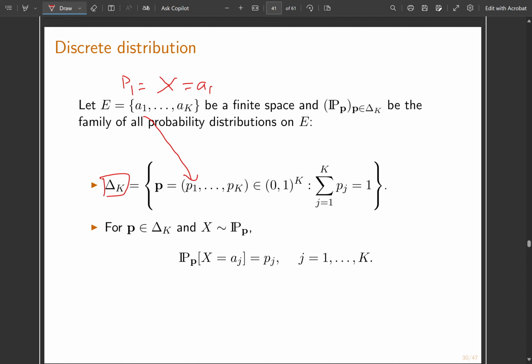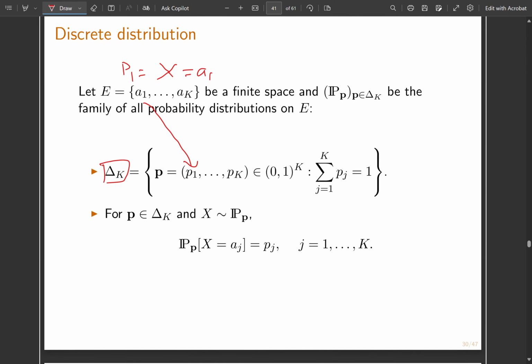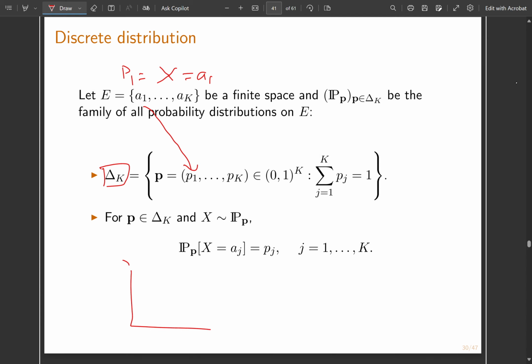Now, let's take an example. Say we have only two realizations of some random variable, and let those be x and y. Let's give an example of how this simplex works.